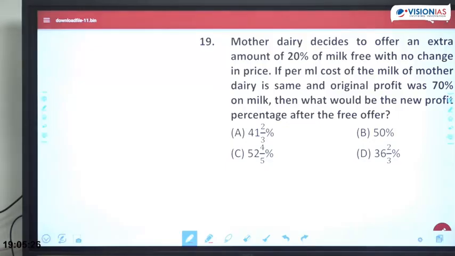Mother Dairy decides to offer an extra amount of 20% of milk free with no charge in price. That means 20% extra amount he is giving in milk.